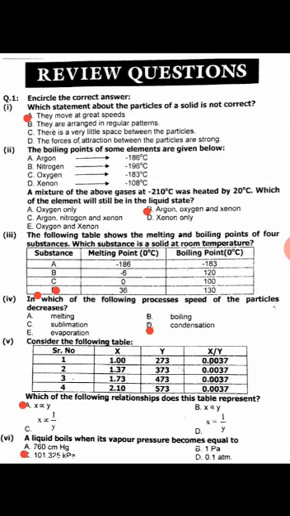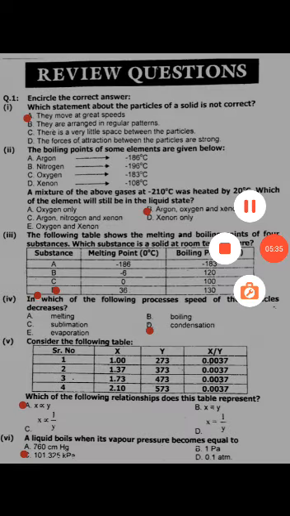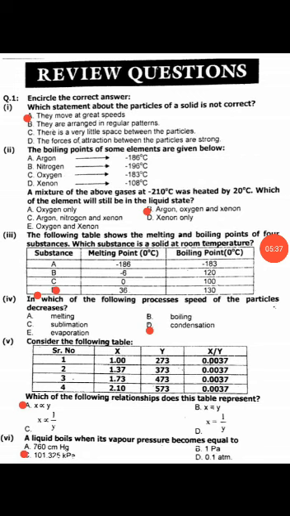In condensation, the vapors are condensed into liquid state, and in evaporation, the liquid surface evaporates. So option D is the correct answer, because in this the vapors will condense. So the correct answer is condensation.